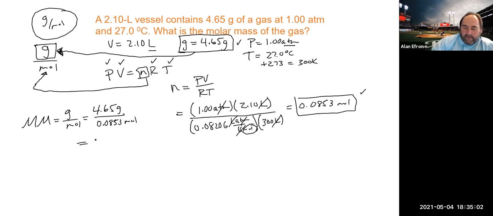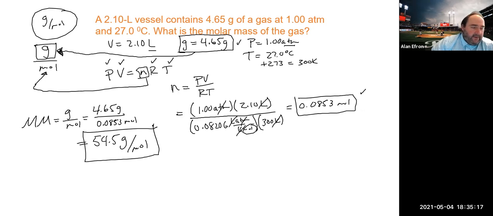We end up with 4.65 divided by 0.0853, we'll call it 54.5. Remember that the units here do not cancel, which is good because those are the units you're looking for, which are molar mass in grams per mole. Any question on any part of solving that problem there?